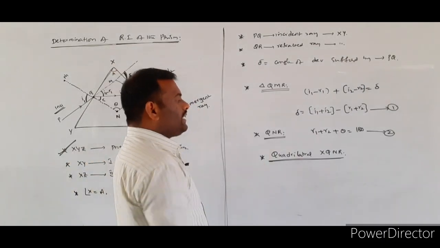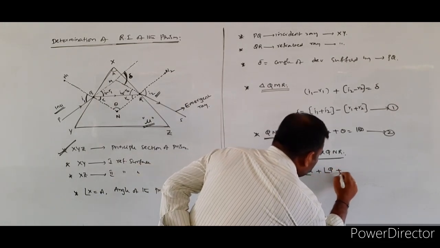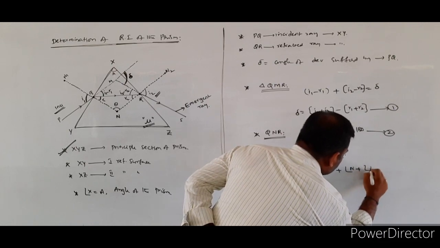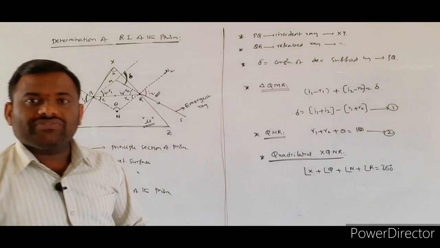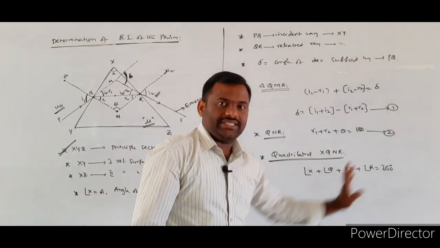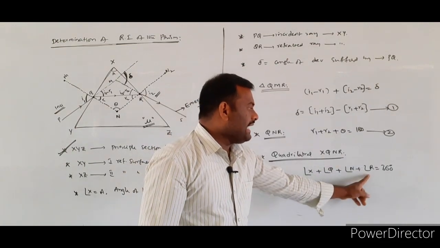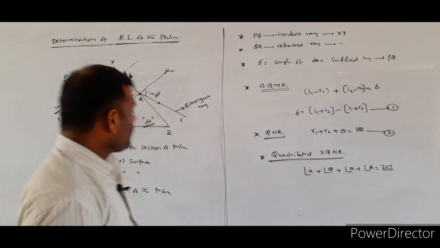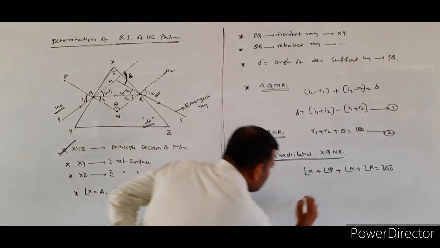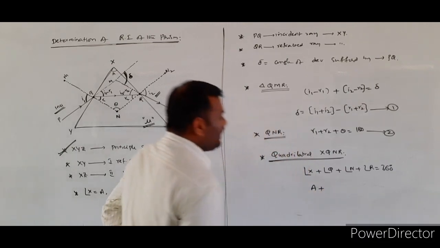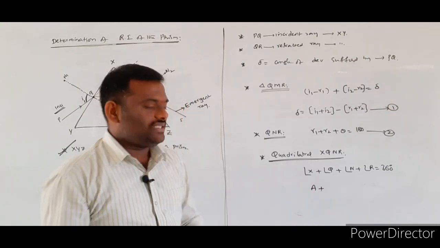So in any given quadrilateral, angle at X plus angle at Q plus angle at N plus angle at R is equal to 360. The angle at X is nothing but the angle of the prism. So the angle present at X is equal to A, where A indicates the angle of the prism.